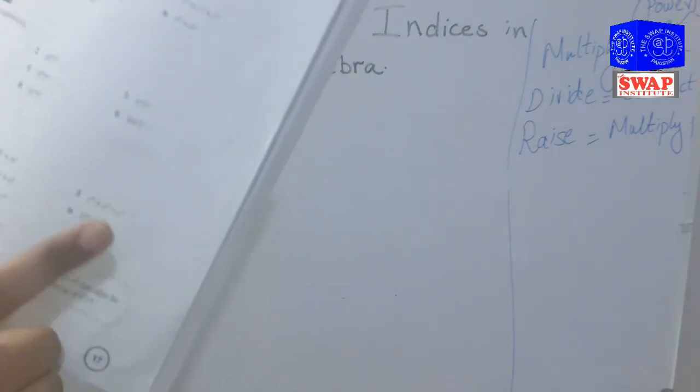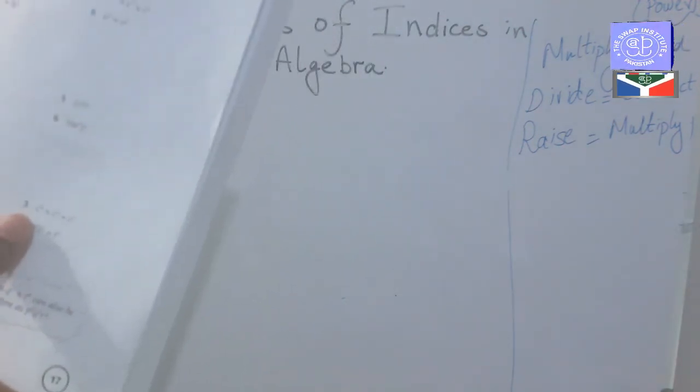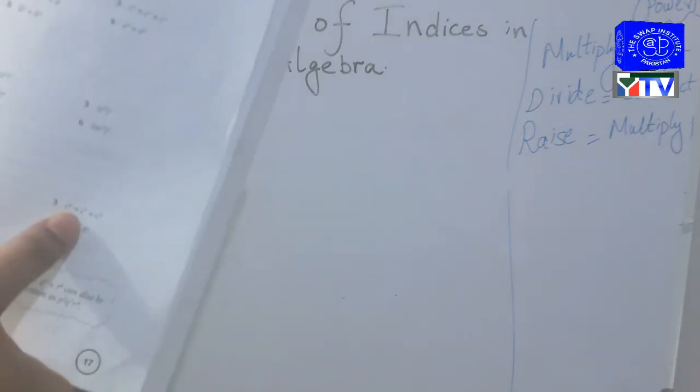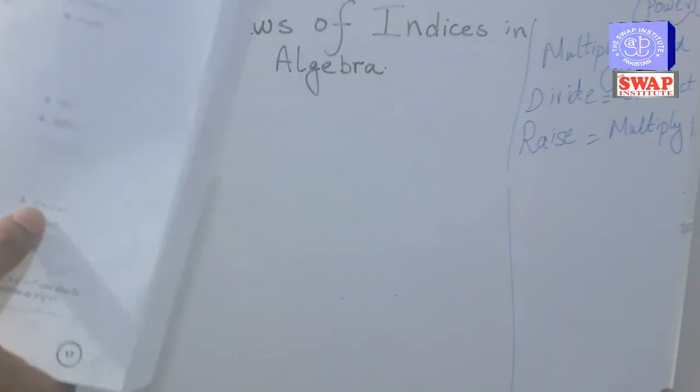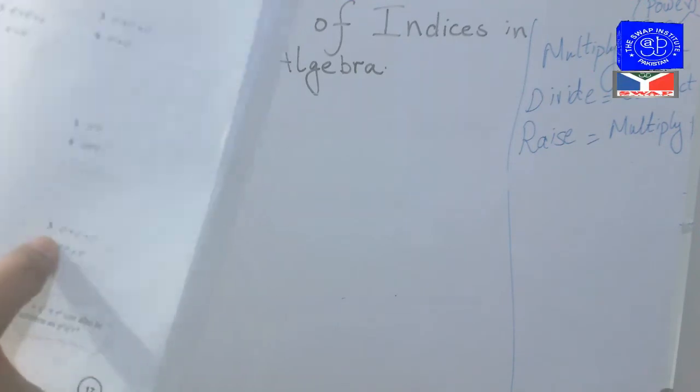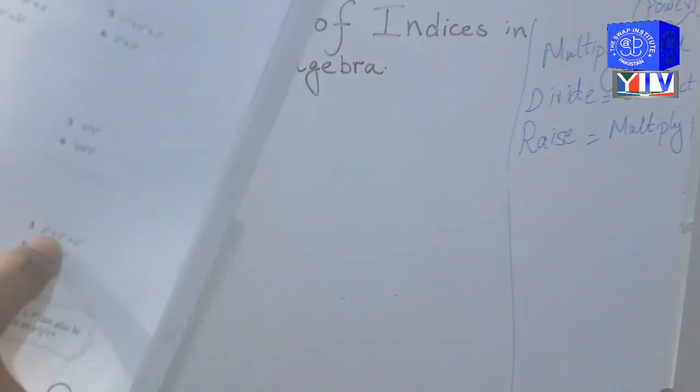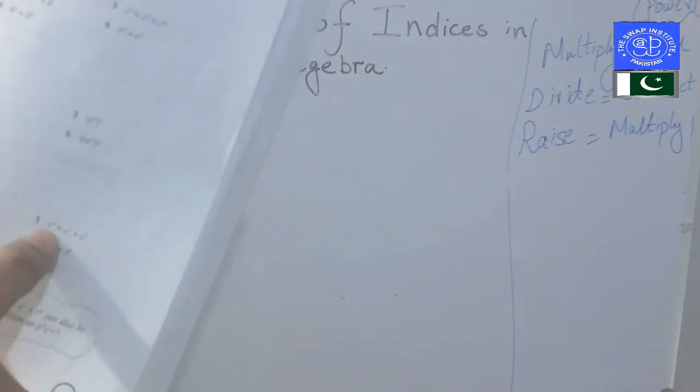Now, if you see 2.1d, this is the multiply indices rule and dividing indices. Okay, you can see in question number 3, 2 different rules are being asked, multiply and division. So you have to just multiply first, like c raised to power 4.